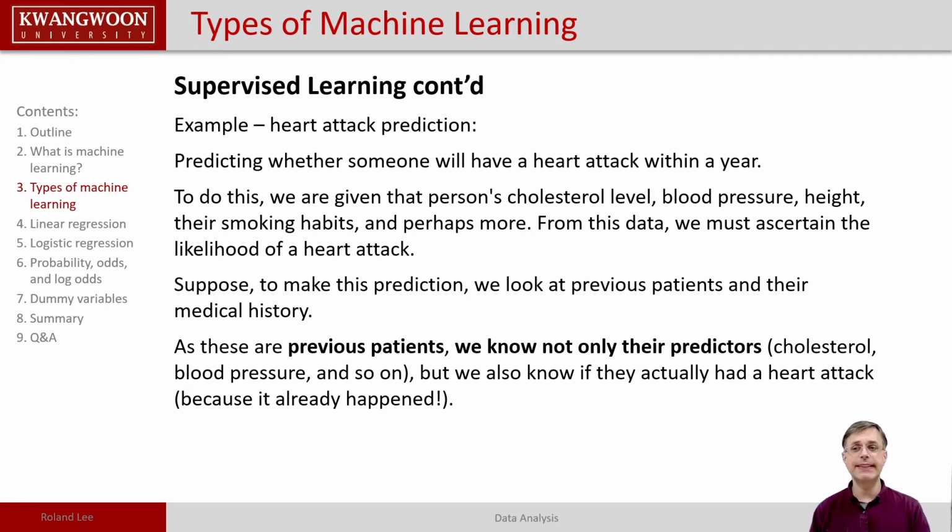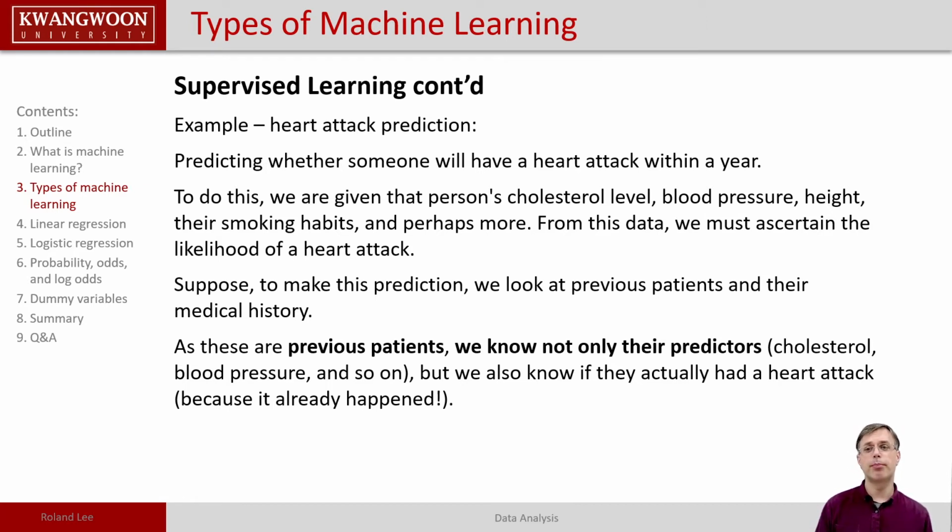To predict this, we are given the person's cholesterol level, blood pressure, height, smoking habits, and perhaps more blood data. From this data, we must ascertain the likelihood of a heart attack. We must find out how high the likelihood is.